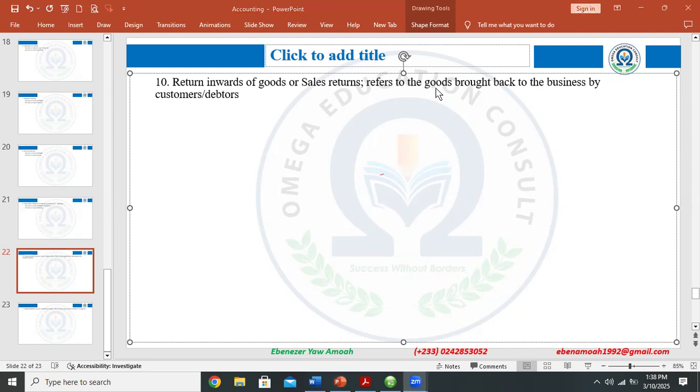So if we return goods inwards, like from outside into the business, there will be an increase in our assets. Which asset?